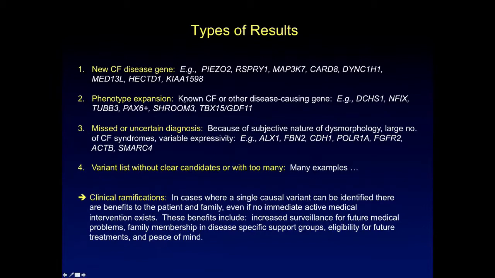In other cases we land on a gene that's a known craniofacial or other disease-causing gene, and the reason it wasn't diagnosed clinically is because the phenotype deviates from the classic phenotype in certain ways by having other ancillary findings, and we call that a phenotype expansion. Another case is that the diagnosis couldn't have been made clinically, and one reason for that is simply because of the subjective nature of dysmorphology as a field.